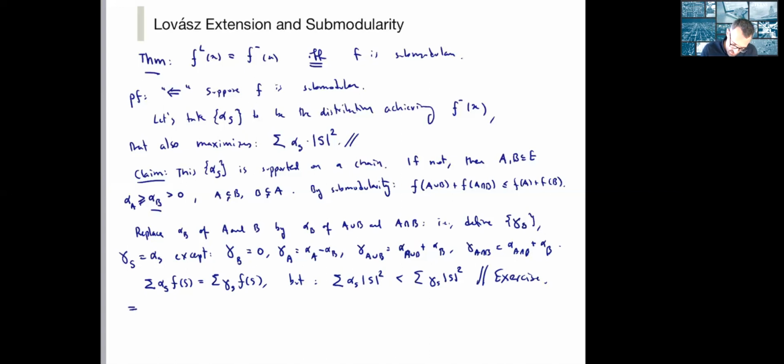This contradiction shows that indeed the support of alpha s is nested, so it gives us some chain. But looking back at the definition of the Lovász extension, there's only one. There's a unique chain that defines the Lovász extension and that could give such a decomposition.